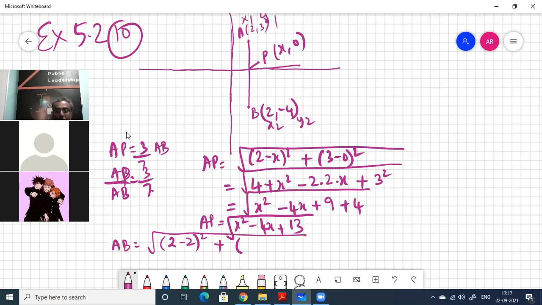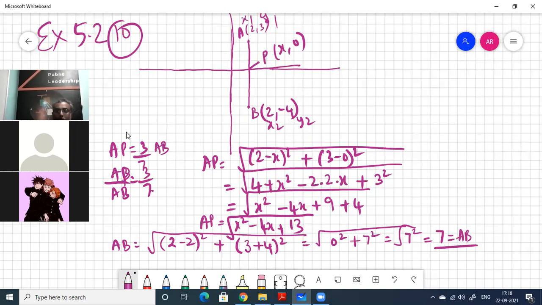That is 3 plus 4 the whole square, which is 0 squared plus 7 squared, the root of 7 squared. That is equal to 7. AB is equal to 7.